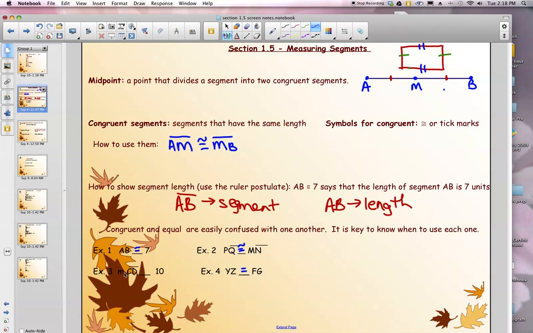Here I'm using the segment symbol. I'm talking about the segment itself, but I have a little m sitting in front of it. That little m stands for the measure. So the measure of segment CD and 10, so that's also an equals. Only when you're talking about the segments themselves do you use congruence. Every other time when you're talking about lengths, you always use equals.